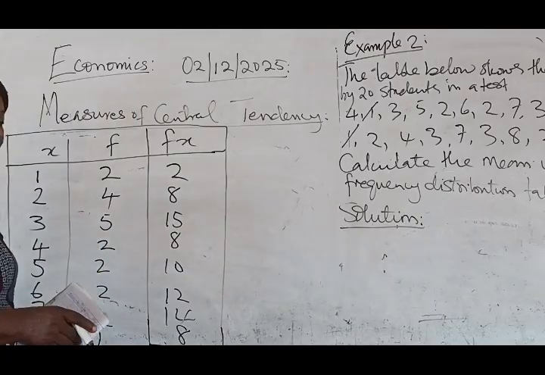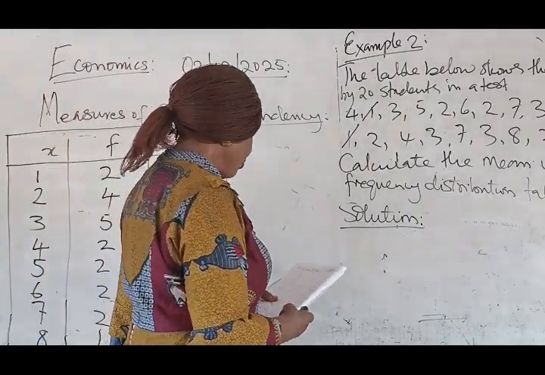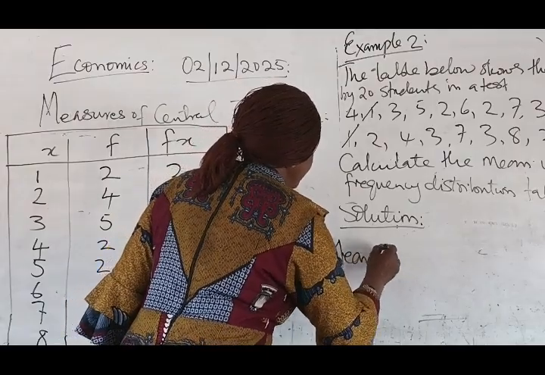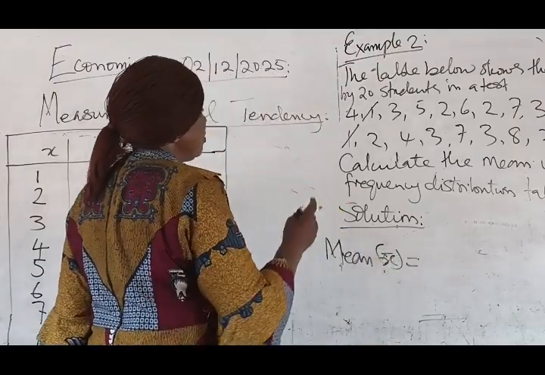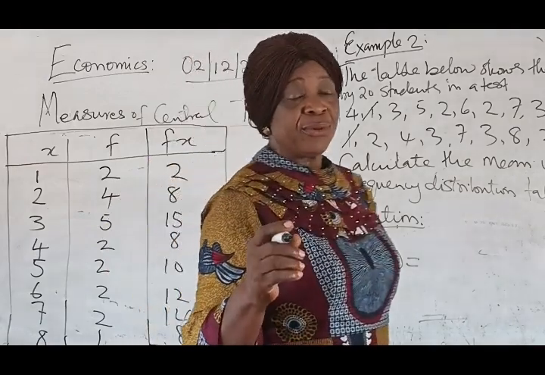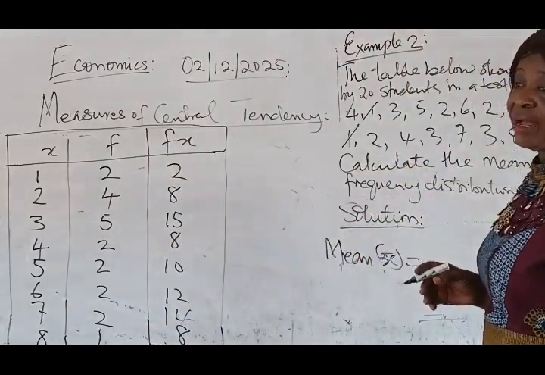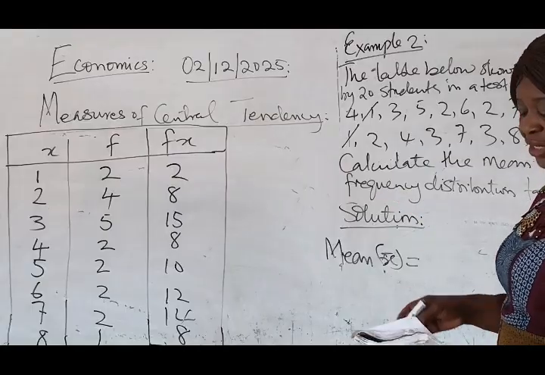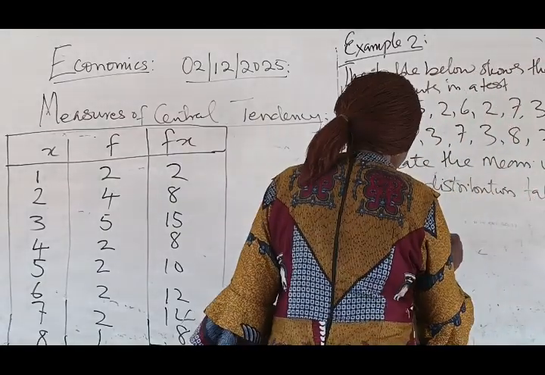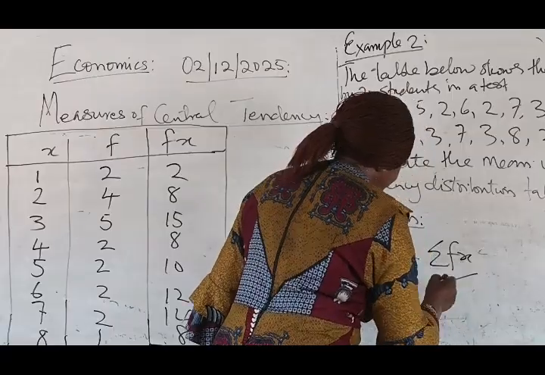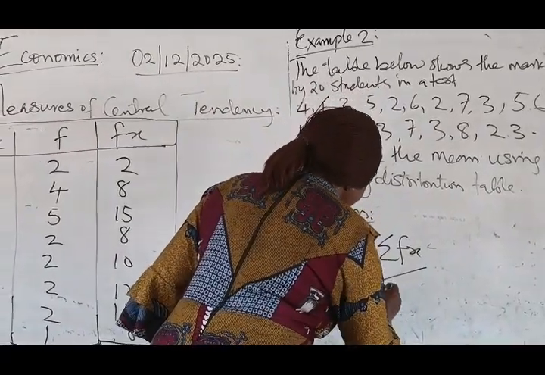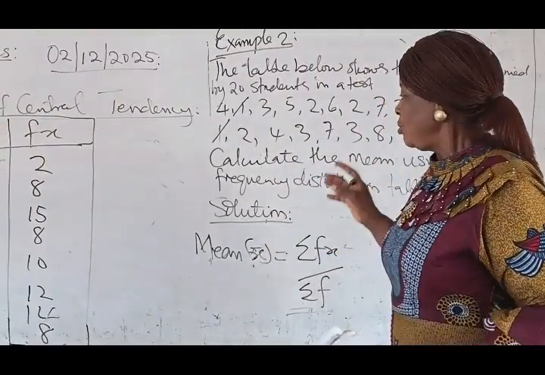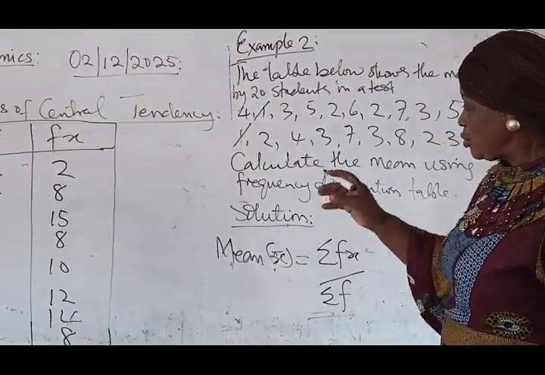So when you have a frequency distribution table like this, you come back to the formula. The formula you are going to use here is mean, which is the same thing as x bar, equals summation f of x over summation f. This involves a frequency table, so we use this formula to calculate our arithmetic mean. It's always good to write down the formula before you substitute.